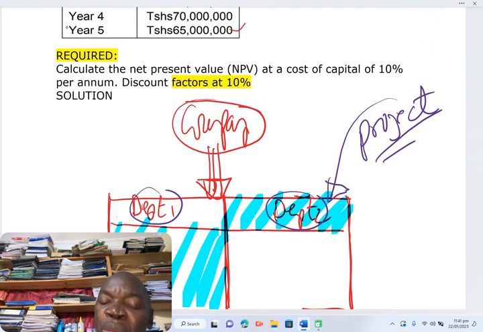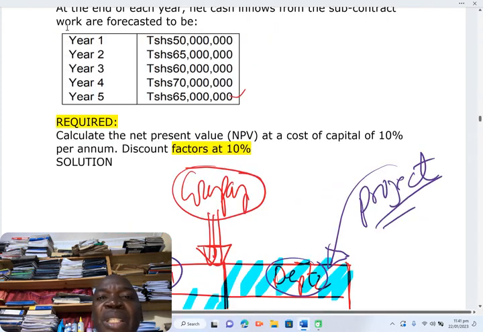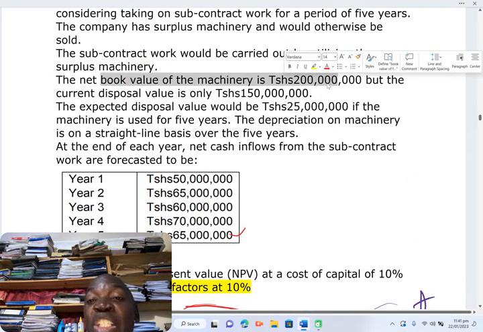So department 2 machines are idle. Therefore, once they are idle, they are not generating cash flow. So the director is thinking of introducing a project so that this project would immediately use the machines in department 2. Now what he's saying is that the net book value of this machine currently is 200 million.